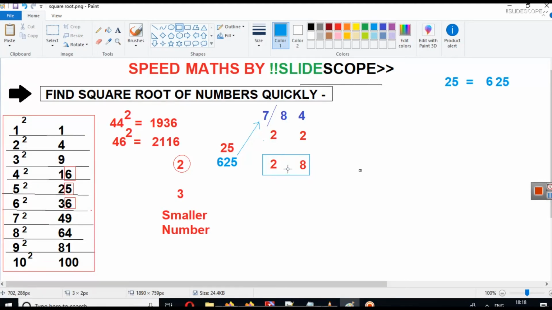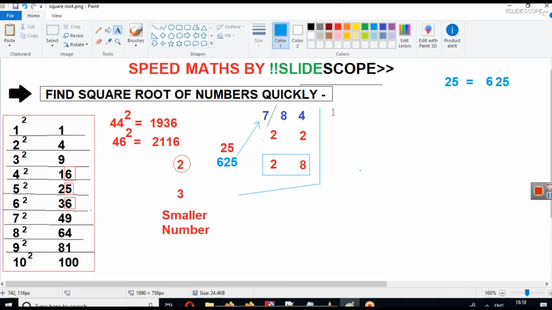So it will be the square root of 28. That is our answer. Again, to make this trick more clear, I will take another, simpler example, so that you can understand this trick very easily.